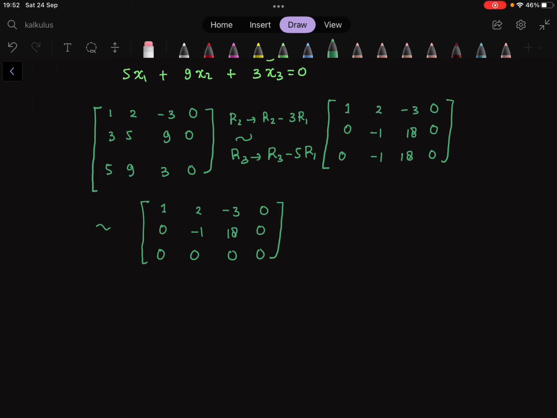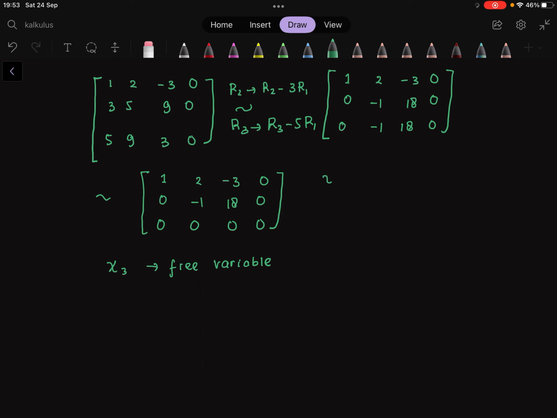So here we can see that x3 is a free variable. Which means, for example, x3 is like s. So we can put any real number here. And then we have x2.